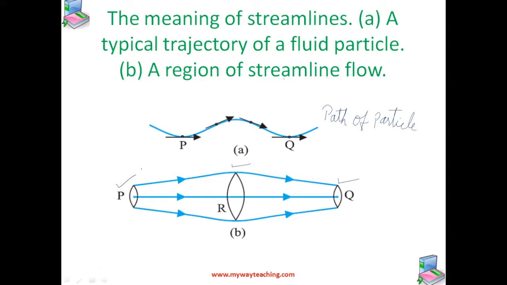This means that the number of fluid particles crossing these surfaces at P, R and Q is the same.